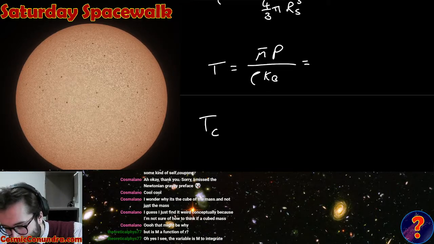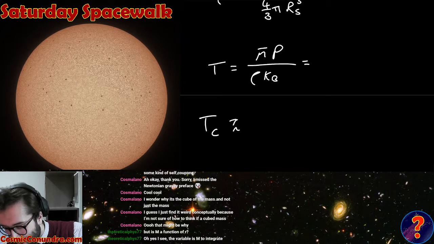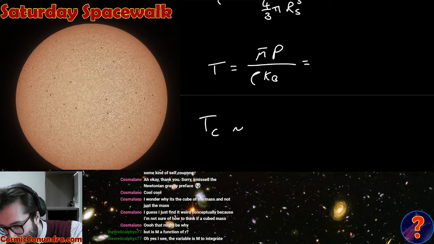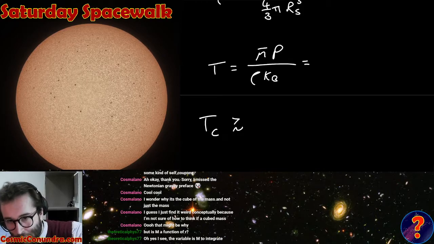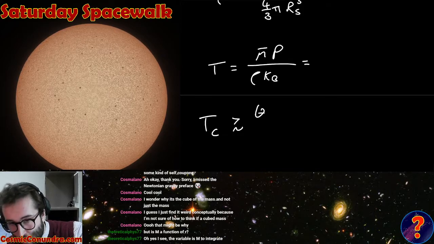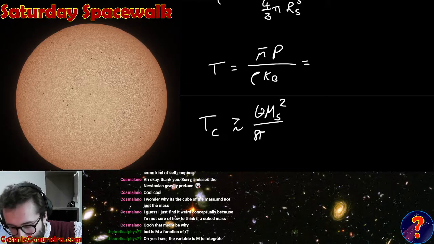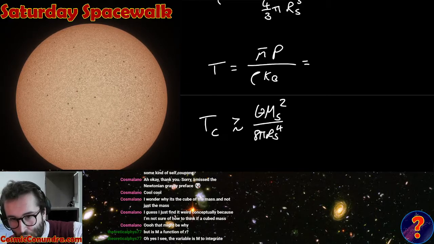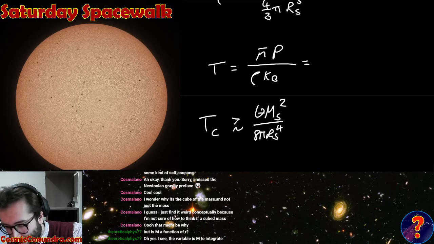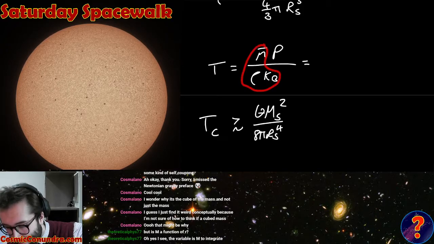So the core temperature is, to order of magnitude, around the core pressure we had, that was GMs squared over 8 pi Rs to the 4th, now times these terms here.